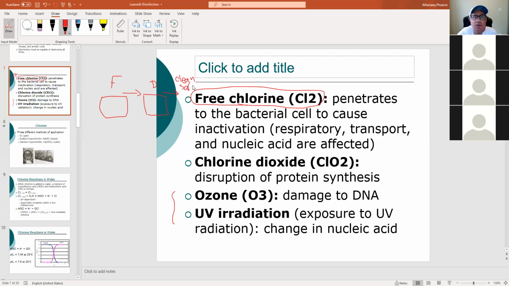Many communities drink from there. They drink, they cook, they do everything, clean and safe. Now, this is the end of your water treatment plant. You're done here. Before that, sedimentation, mixing, all that stuff.